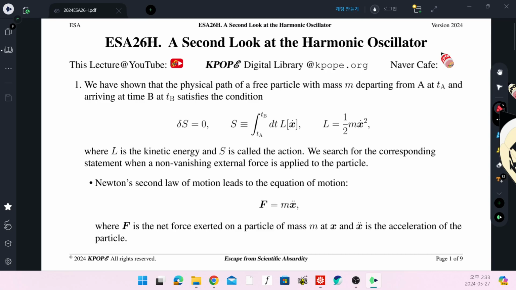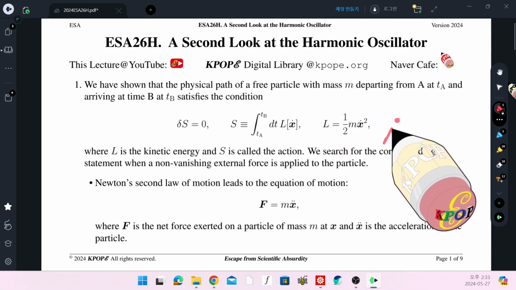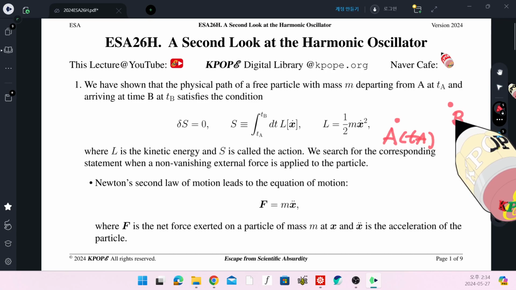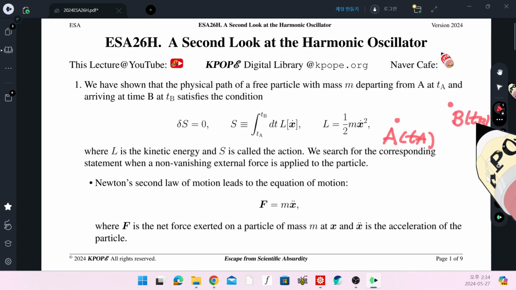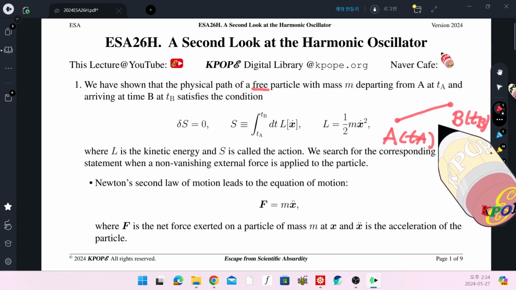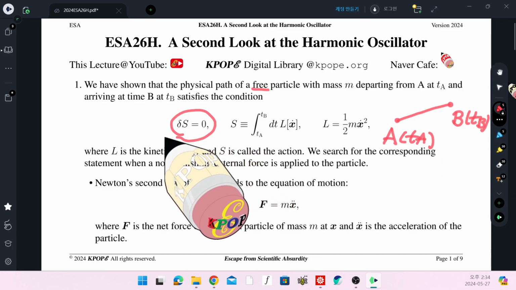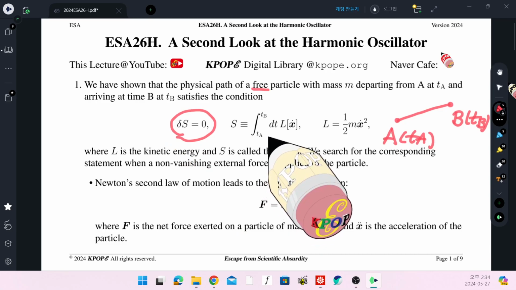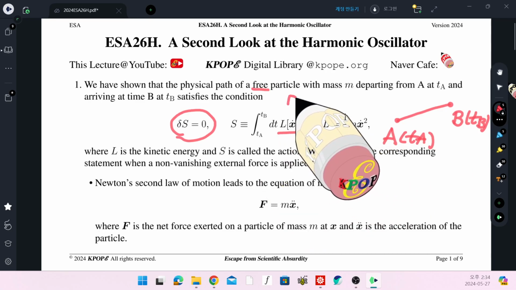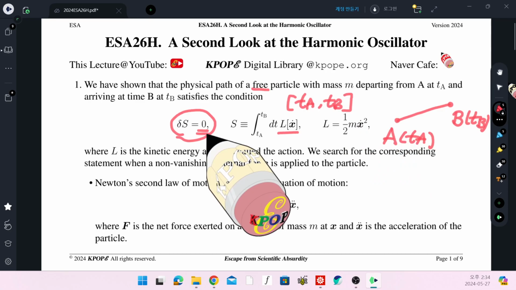Until now, we have shown that the physical path of a free particle with mass m departing from point A at time ta and arriving at B at time tb, a free particle, so following a straight line, satisfies the condition that the time integral of the Lagrangian integrated over the interval ta to tb becomes minimum.